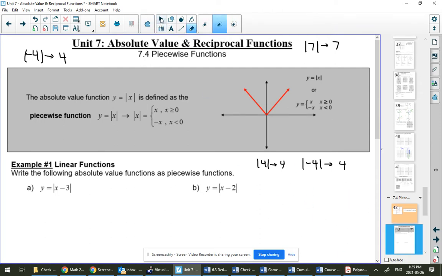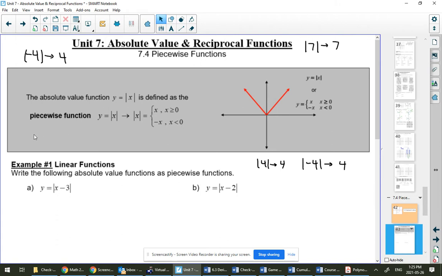But what's important with absolute value for you to know is that we have to deal with two cases. And when we get into solving absolute value equations, you're also going to be dealing with two cases. So we deal with the positive side and the negative side. So when we have absolute value of x, we can have a positive x within those absolute values, or we can have a negative x. And so we're just looking at how that graph is behaving.